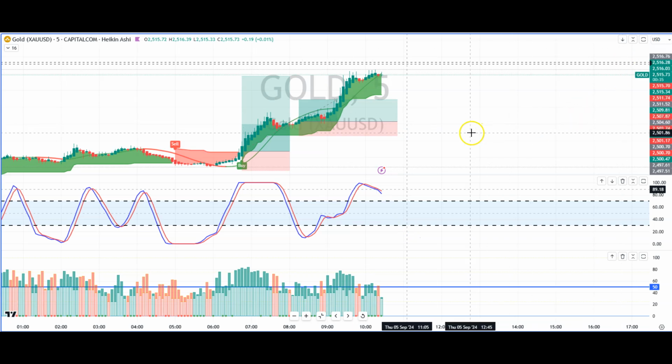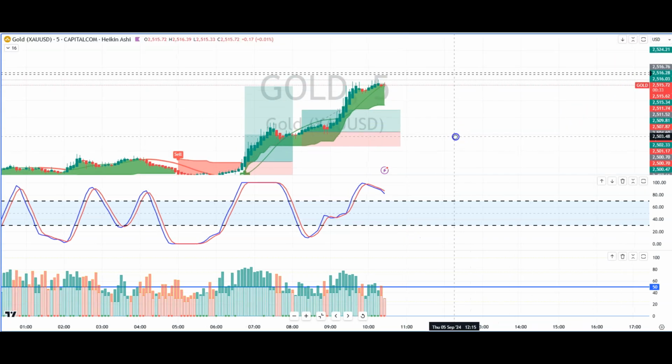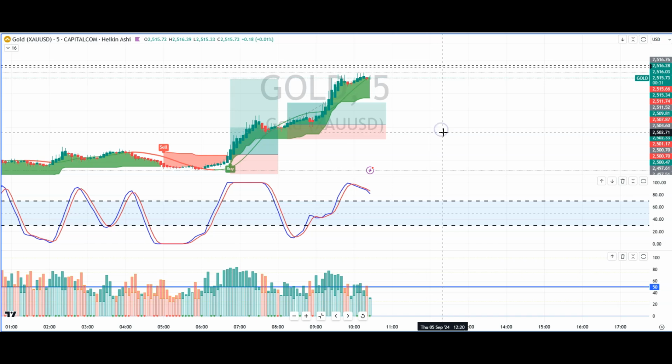Now the thing that has to happen, the price has to hold on to the trend. If, as an example, the price comes down and breaks this support line, it's no longer valid. You cannot trade it. That is very, very important.